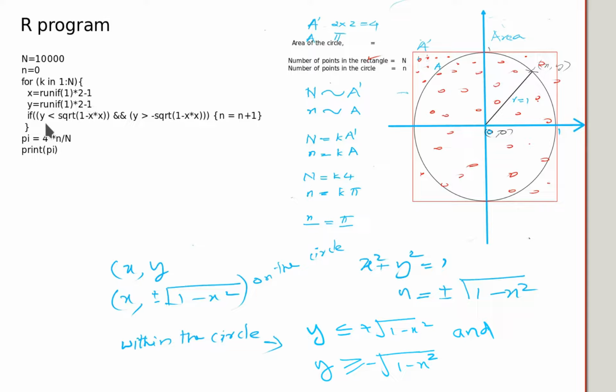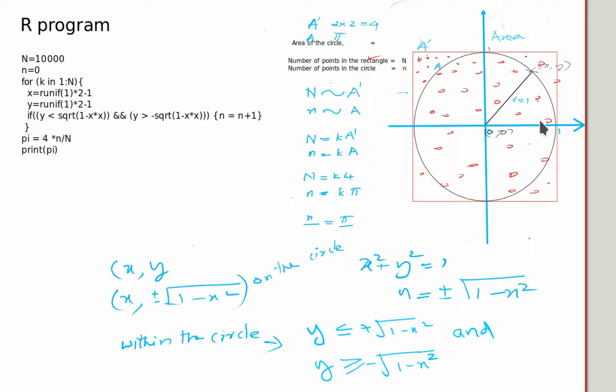Now we check if y is less than the square root of 1 minus x squared. It should be less than this positive square root of 1 minus x squared. If the point is somewhere around here, it will not be within the circle. So that must be within the circle. Then y must also be greater than minus the square root of 1 minus x squared, right?